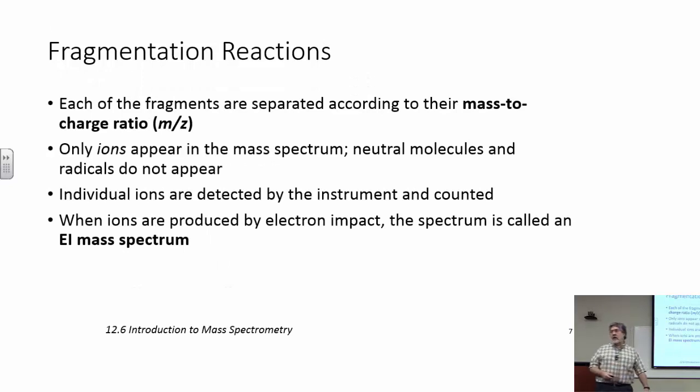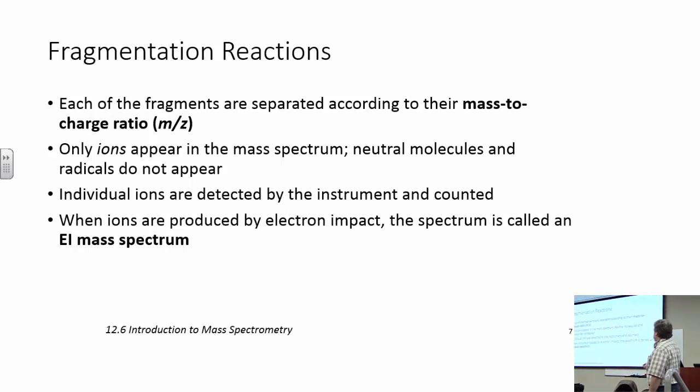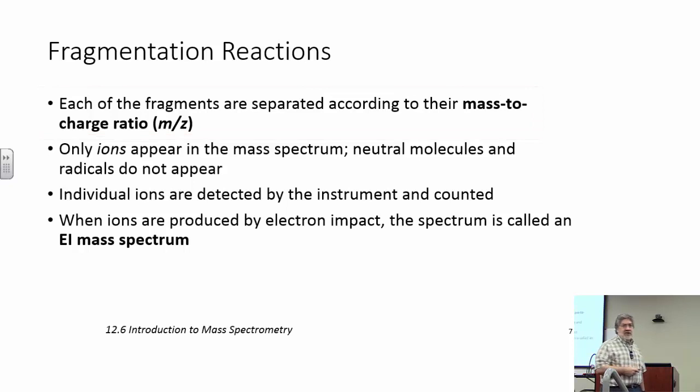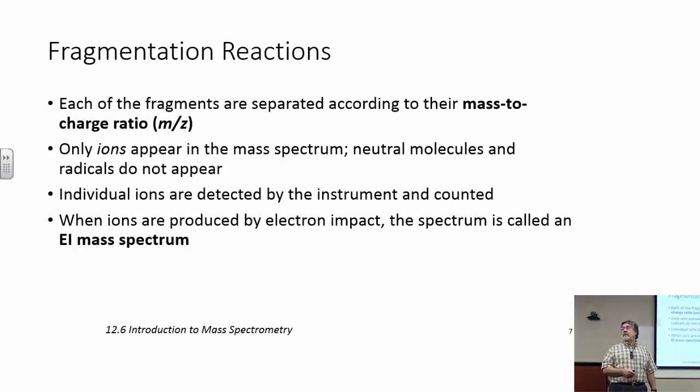So they are fragmentation reactions. And some of these statements are written versions of what I pretty much just said. So we do refer to the number as mass to charge ratio. The charge for you guys is always going to be 1. So the mass to charge ratio will equal the mass of the ion.